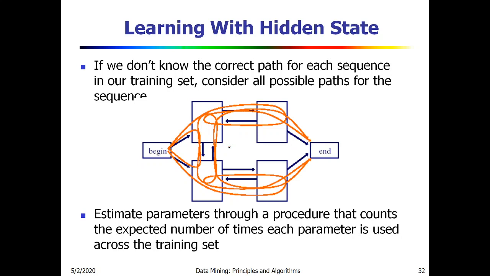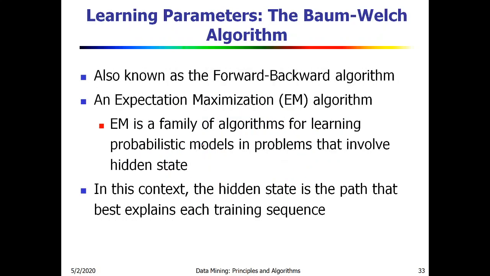If there are hidden states and there is no correct path, then we are going to find out all possible paths of the sequence and we are going to estimate the parameter using certain procedures that count the expected number of times each parameter is used across the training set. So how many times that particular parameter is coming, we are going to calculate for all the paths that are possible in that particular diagram.